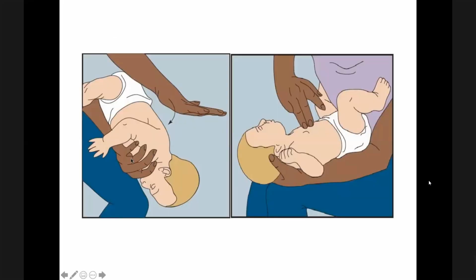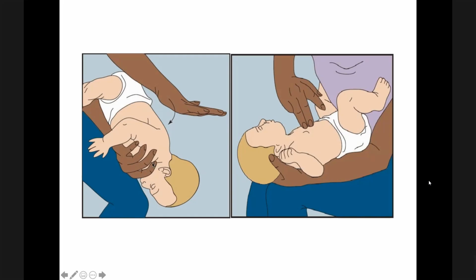So you keep the child on your knee and keep the mouth open, and between the two scapular blades, using the palm of your hand, you hit hard, right? So you hit hard 5 times on the back with the palm of your hand, and that pressure and the vibration can dislodge the foreign body.